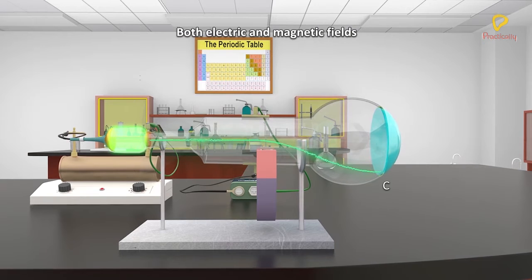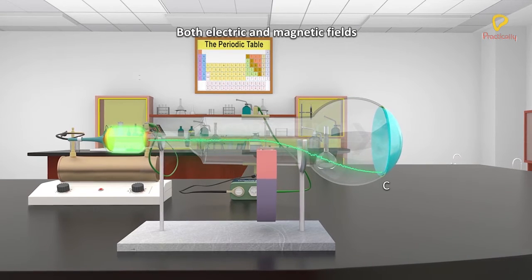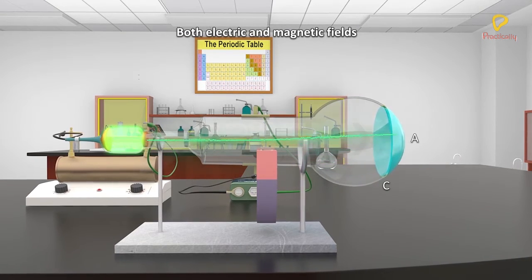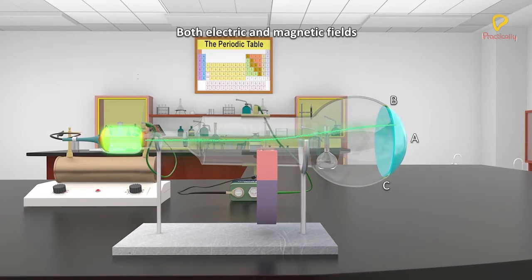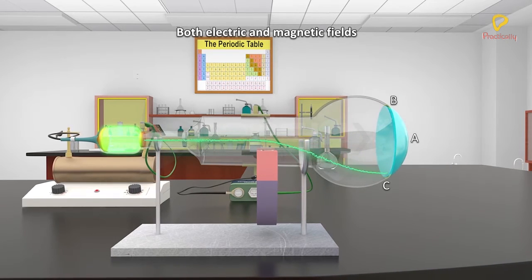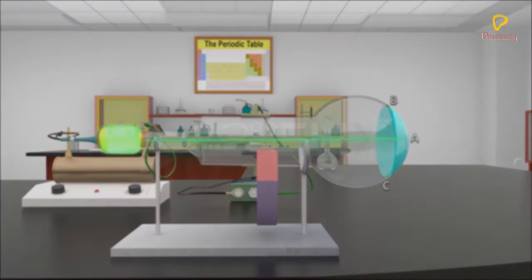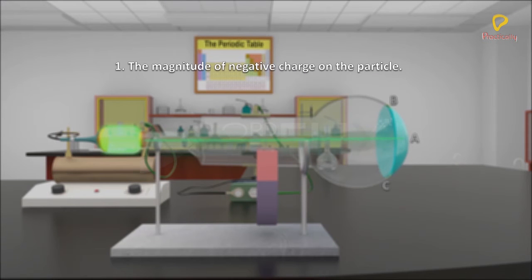When both electric and magnetic fields were applied perpendicular to each other and to the path of the cathode rays, the rays showed deviation. Thompson observed that the amount of deviation of cathode rays depended on three main factors. 1. The magnitude of negative charge on the particle.